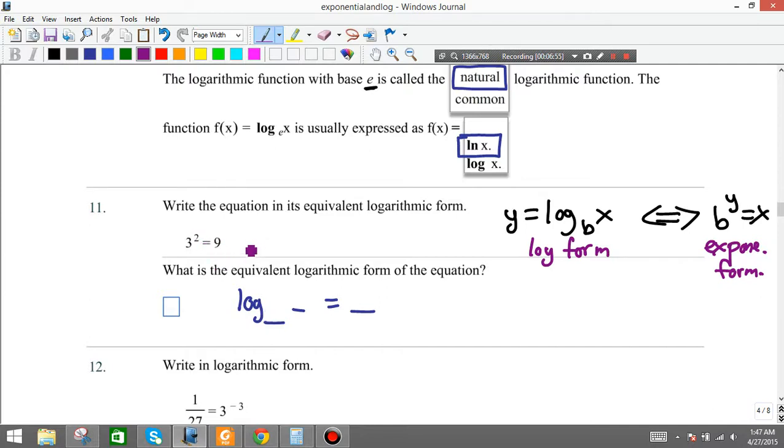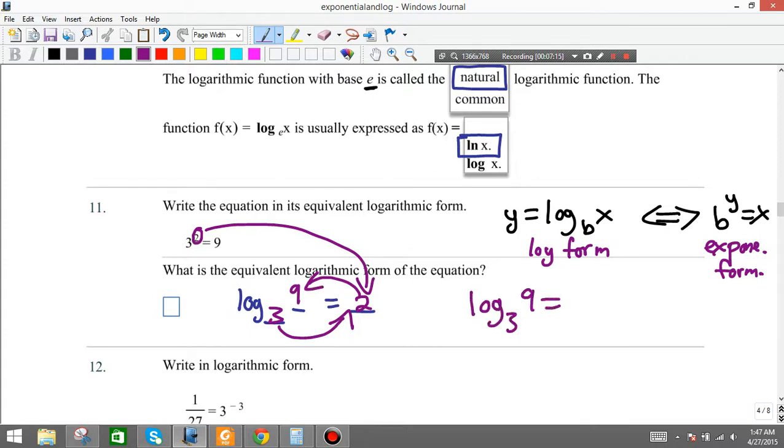So again, the log is the power, so the power always goes here. So the log is the power, the base is 3, and 9. And the way that you can check is that 3 to the second is equal to 9. That's how you know it's right. So log base 3 of 9 is equal to 2. That is what you put in.